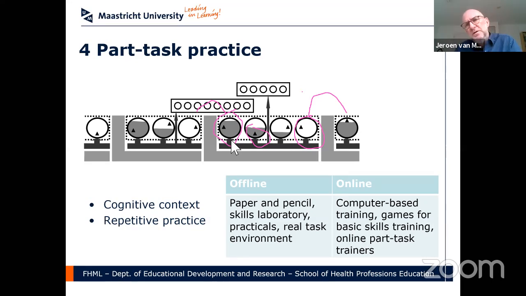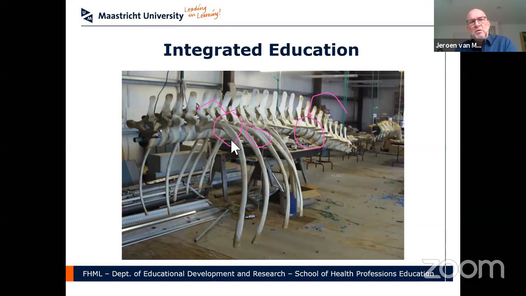For me, designing an educational program is a bit like designing or putting together a skeleton. This is the skeleton of a whale, I think, or a dinosaur. And what you see is we have this backbone. And when I design an educational program, this backbone consists of the learning tasks, and the learning tasks are sequenced from simple to more and more complex.